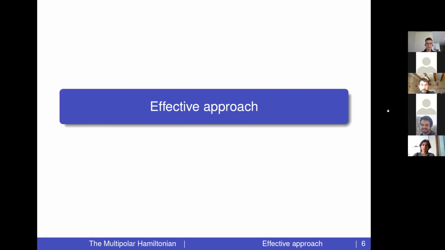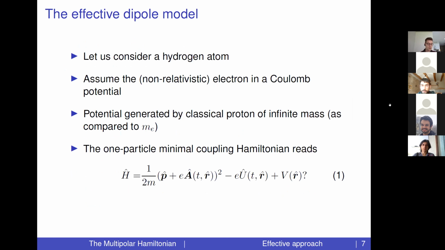So what I mean here is, let us consider the most simple setup of a bound atomic system, a hydrogen atom. And we assume now we have a non-relativistic electron that is bound in a Coulomb potential. And this potential in turn is generated by a classical proton of an infinite mass if you compare it to the electronic mass. And then in a similar spirit as we did last week, one can easily derive the minimal coupling Hamiltonian.